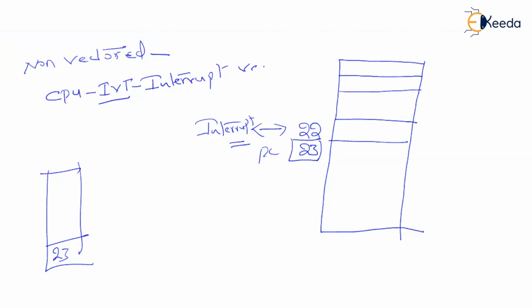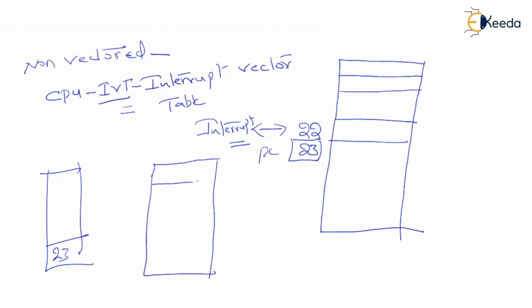Interrupt vector table. It is not rocket science. Simply, the CPU will go to this table. Let us say this is the table. In this table, the CPU will find the pointers to service routine offsets.